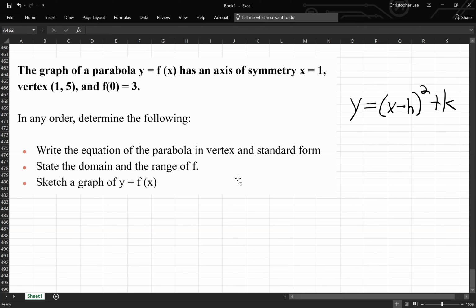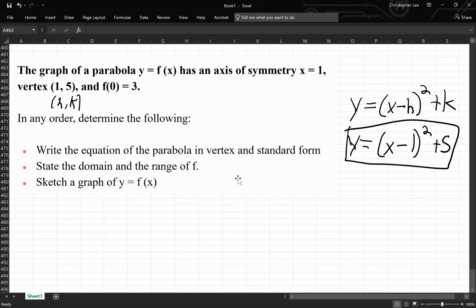They said they had a vertex of (1, 5). Remember, this is h comma k. Just plug it in. So this is y equals x minus 1 squared plus 5. That's the equation. That's all we had to do, right?